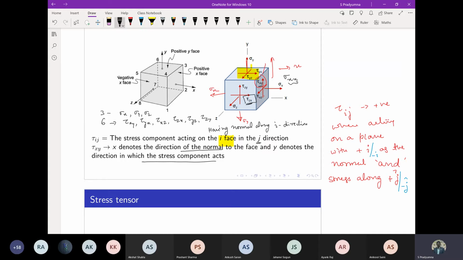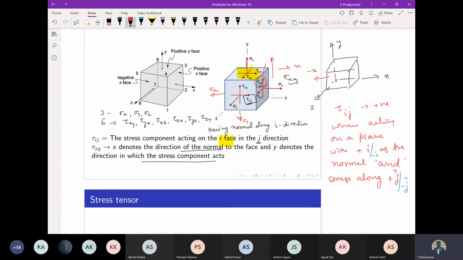That is because if you look at this element, the same element, and I say this is the x-axis, this is the y-axis, and this is the z-axis. So I consider this phase, right? To this phase, this is the normal. So this is along the minus x direction, right?